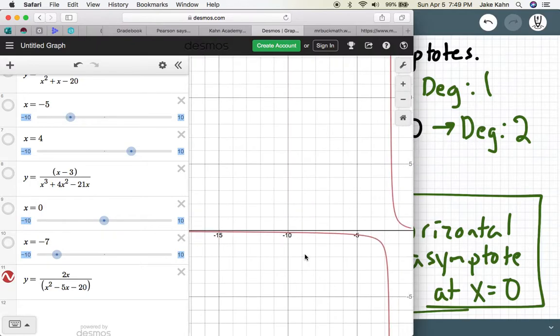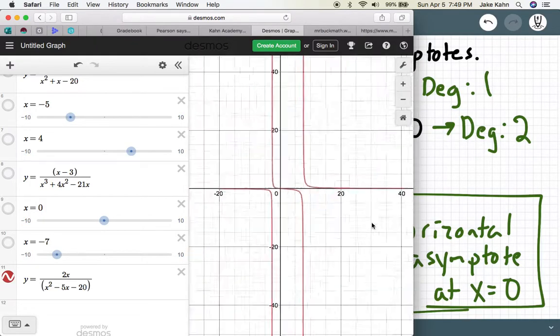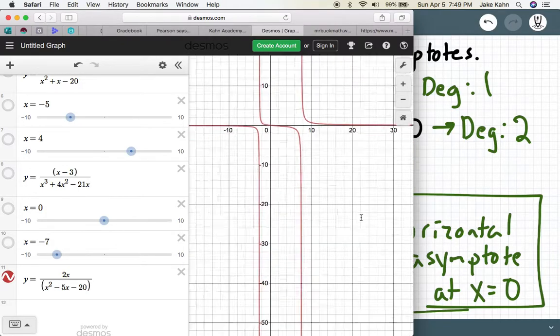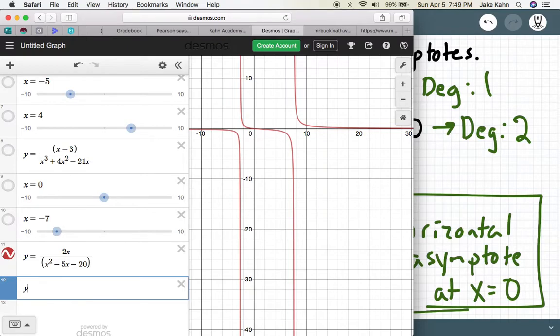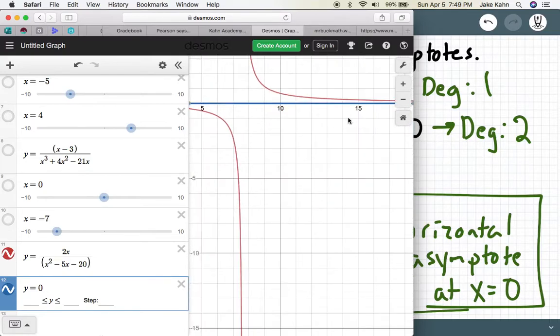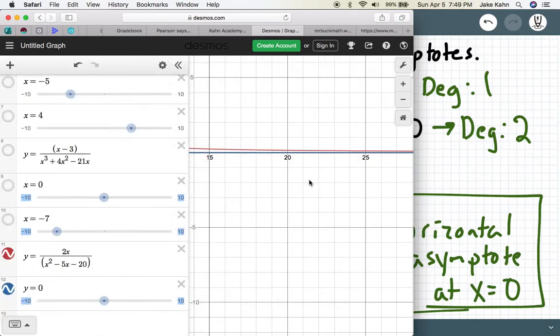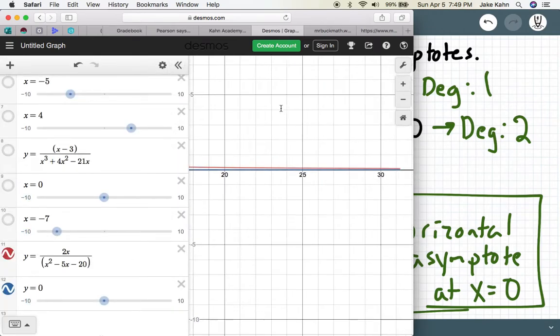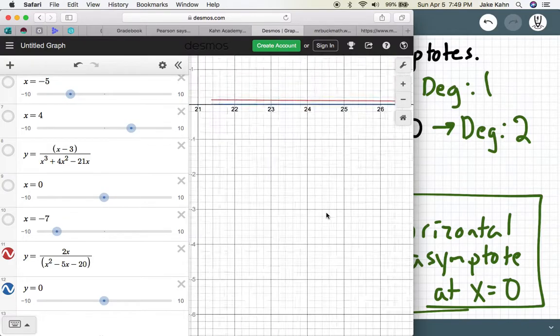Cool. This is a very zoomed out version, but if I plot the line y equals 0, you can see my horizontal asymptote here. My red function gets closer and closer to the blue line, but it never actually touches it. So this indeed is what you should see.